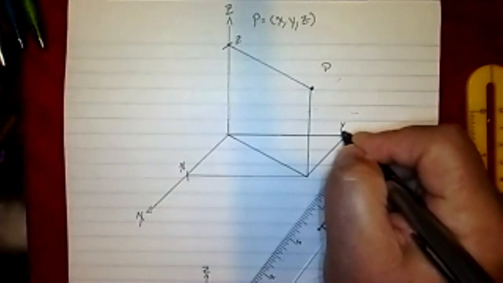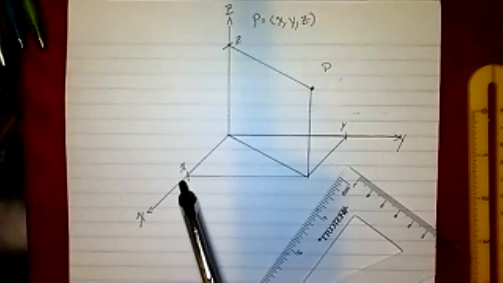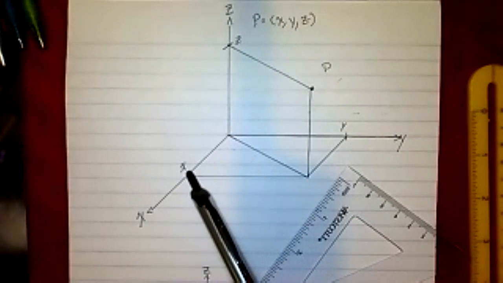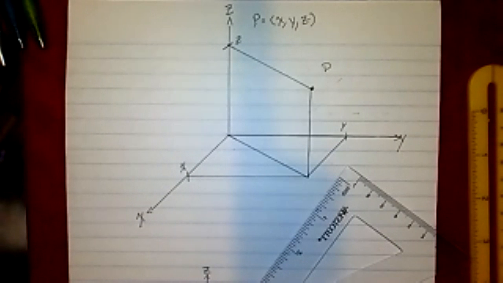So here is the actual Y value. So we could specify this point by saying it's X number of meters from the origin, Y number of meters from that point, and then Z number of meters up from the XY plane, and that will work fine.